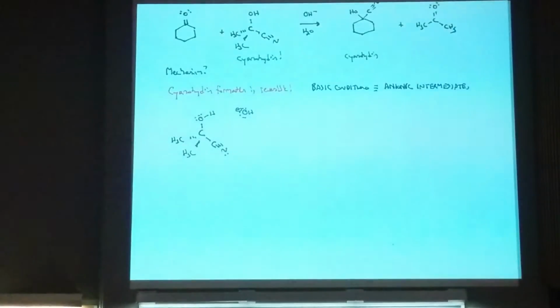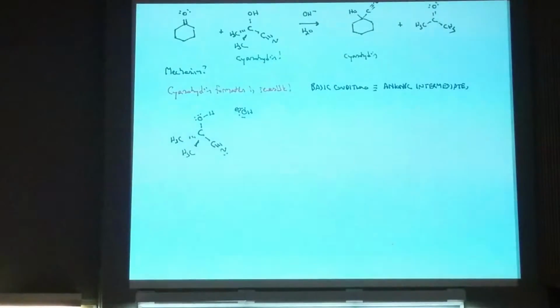Review it in your notes, review it in the book: we protonated the tetrahedral intermediate. The cyanide adds in, we get a tetrahedral intermediate with a negative charge on oxygen, and that picked up a proton from HCl.